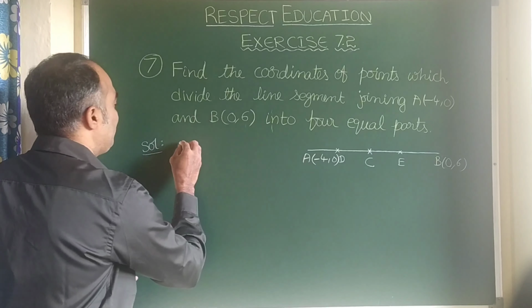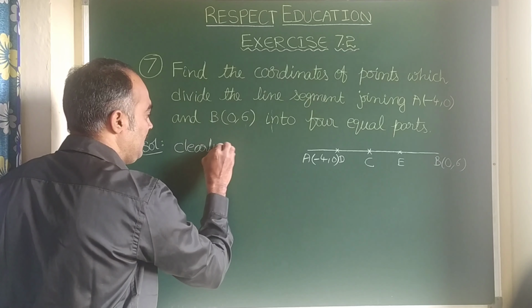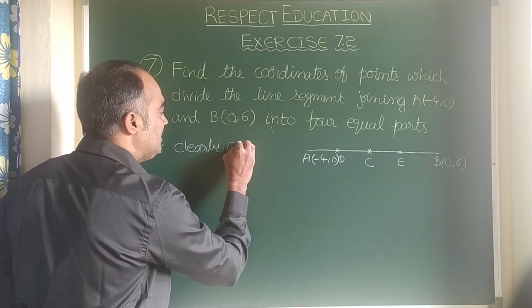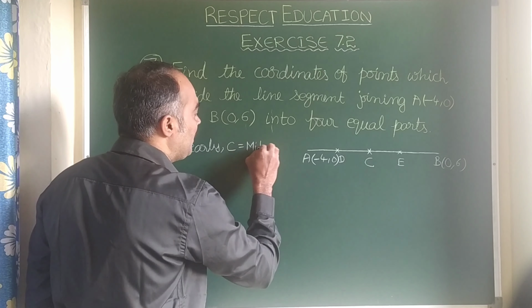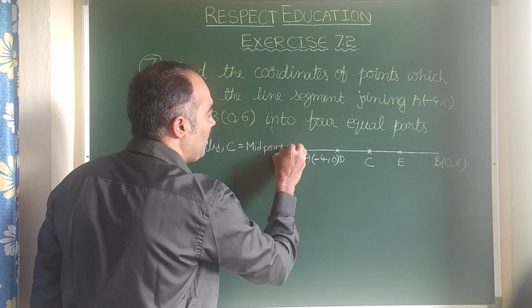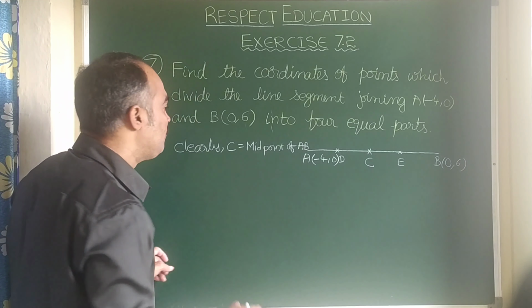So here C is equal to the midpoint of AB. Let us write the midpoint formula.